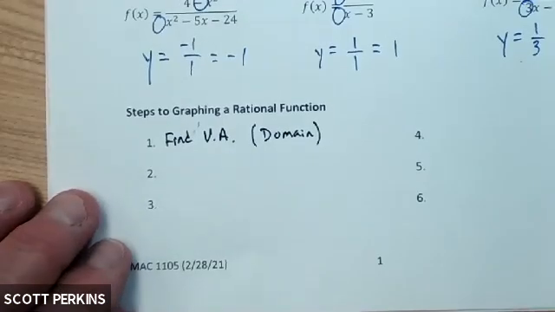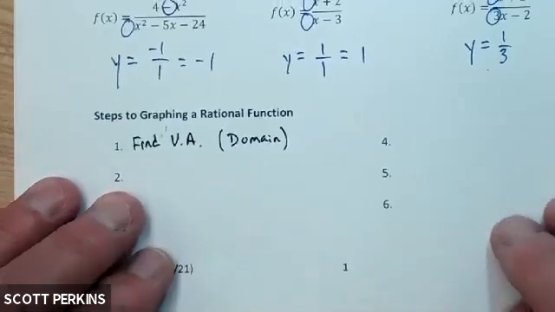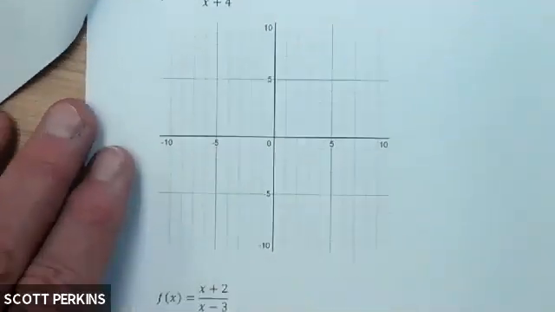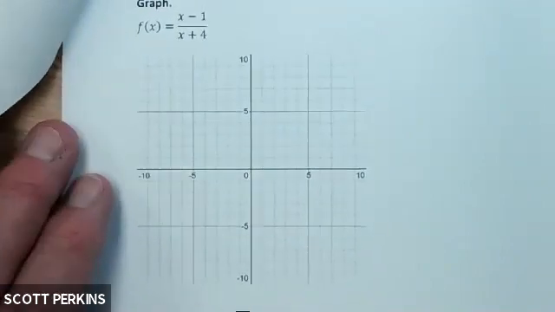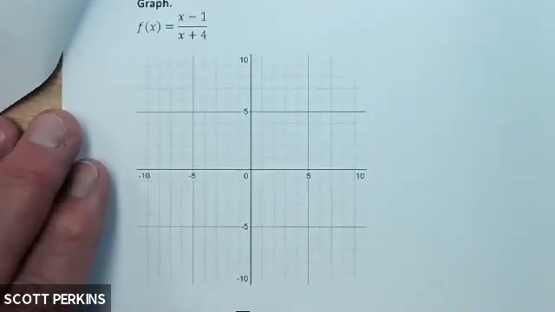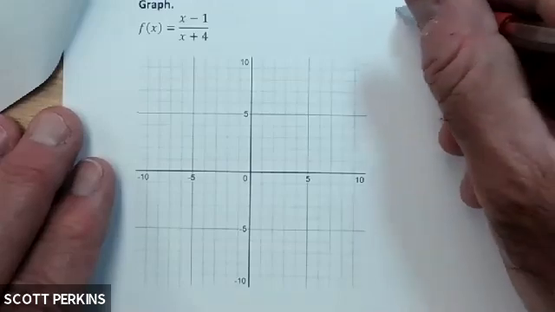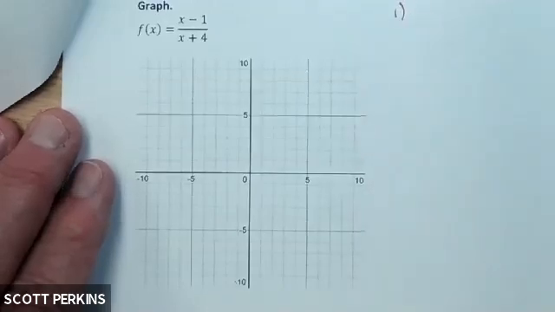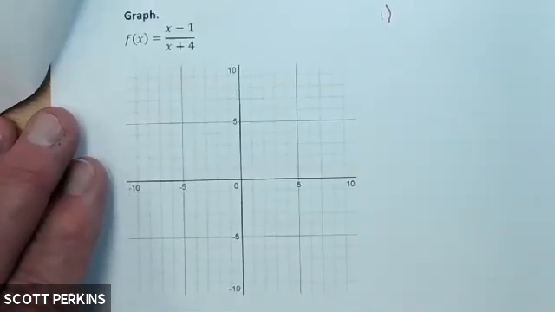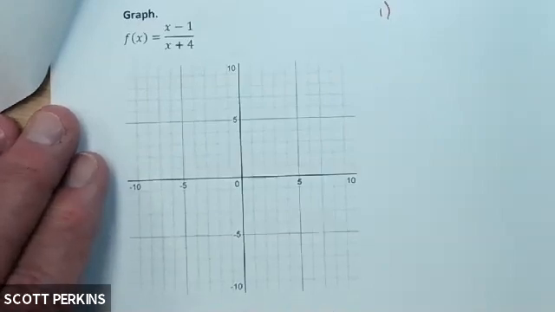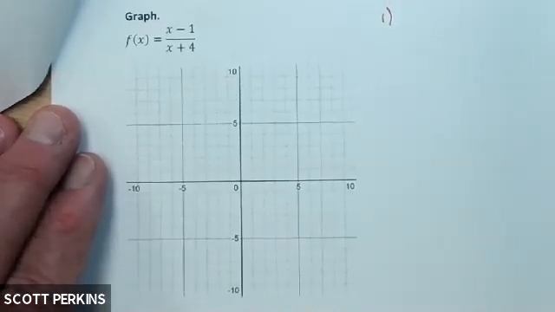So I'm going to flip the page. I hope I don't make you too dizzy. I'm going to flip to the problem. So this is the problem that we are going to work through right here. It's x minus 1 over x plus 4. So step 1, we are going to find the vertical asymptote. Well, the good news is we already did that last time on the previous page, so you can look back at your notes.